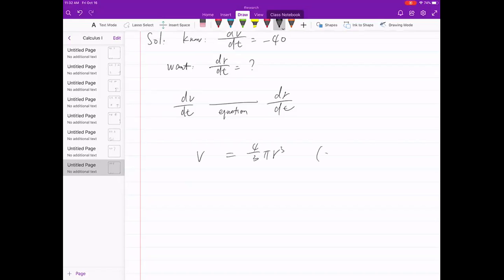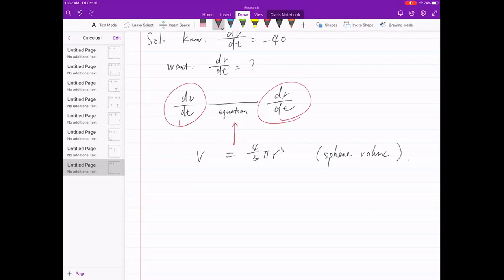That is coming from the spherical volume formula. Sounds good? You want an equation between the rates, but you don't have it. Instead, you have the relation between the two quantities without the rates. The question becomes, can you go from here and somehow get an equation which has the rates inside?